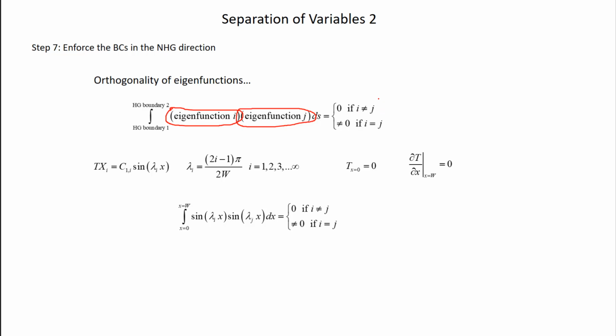So if i is not equal to j, when I multiply them together and integrate from boundary to boundary, they always integrate to 0. The only time I won't get 0 is if I'm multiplying one eigenfunction by itself. If i is equal to j, then I won't get 0, which is pretty obvious, since you're just squaring an eigenfunction and it always has to be positive.